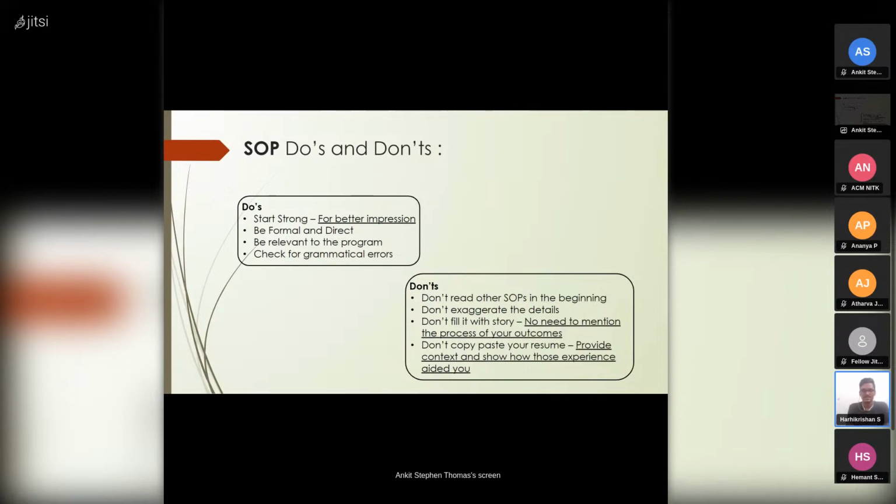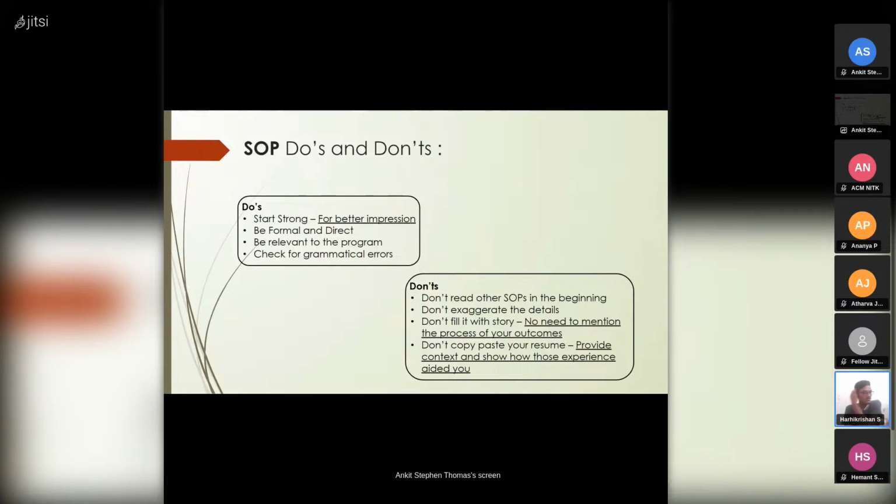That's how relevant you have to be to the program. You can also compare the other research and internship experiences, and how that especially helped and guided you to choose that specific program. And check for grammatical errors. This is very important, because you should not have any negative impact on your SOP.